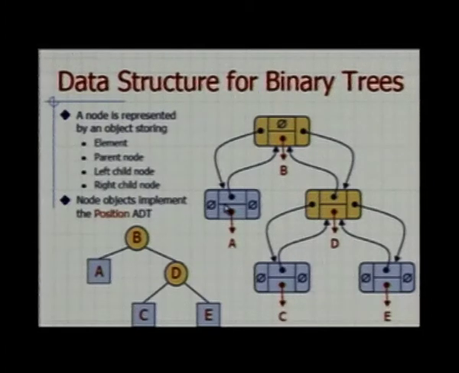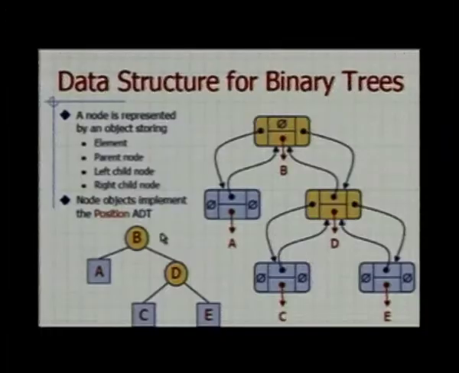One part is the data, one is the pointer to the left subtree, the other is the pointer to the right subtree. In addition, you also have a pointer to the parent. There are certain applications or operations that you have to do on trees where such a pointer to the parent is very important. So there are certain representations which use 3 parts to represent a node in the linked structure, and in the other you use 4 parts.